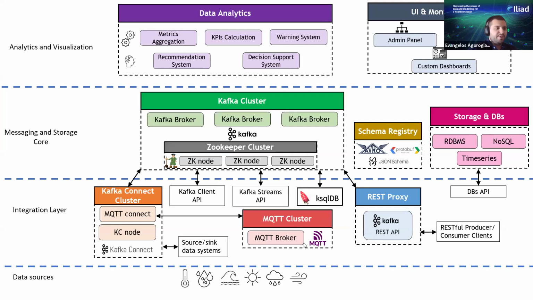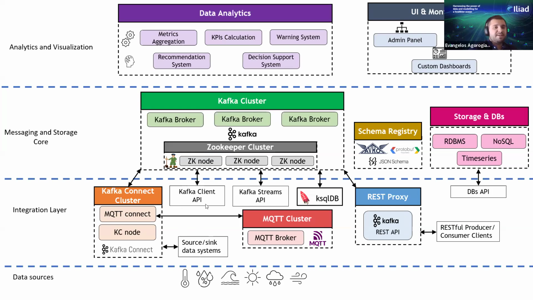In our case, in Iliad, we are actually interfacing with the MQTT broker, where we're gathering data from the sensors that are installed in several pilots. And this layer connects and transfers the data from this MQTT cluster through the MQTT Connect to the Kafka cluster.